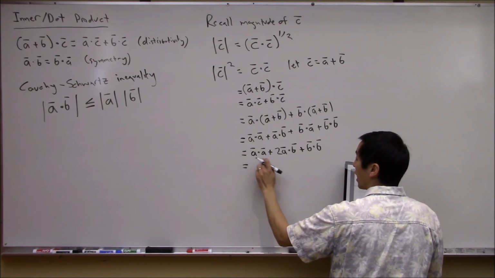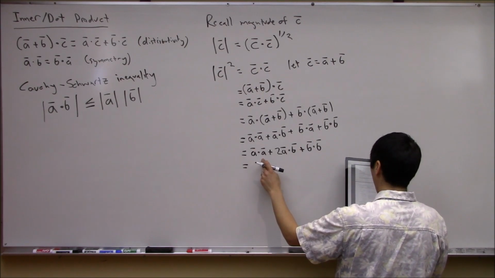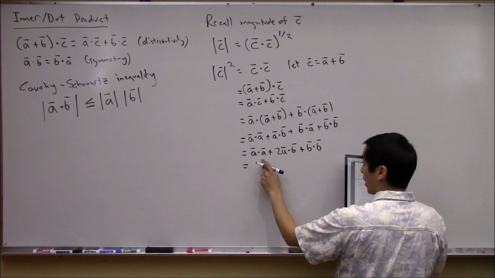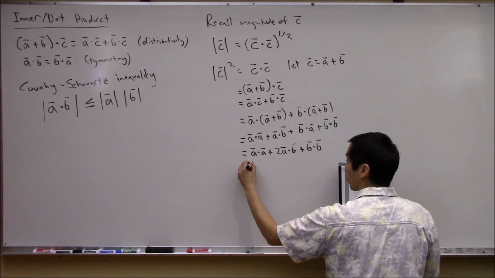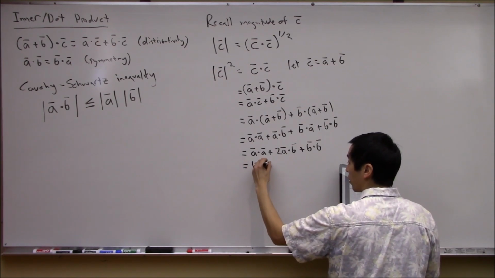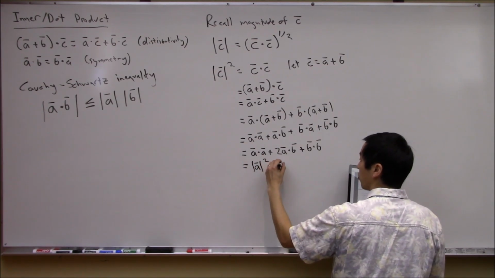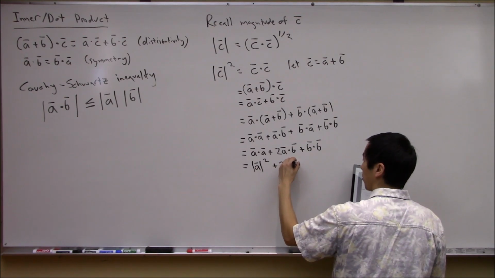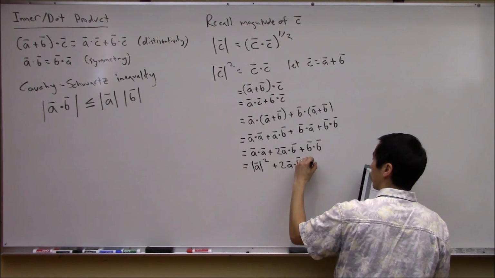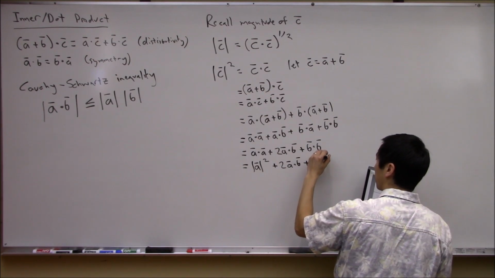So this is the magnitude of A squared, the same thing as norm A squared, that's this term, plus 2 A dotted with B, plus norm B squared.